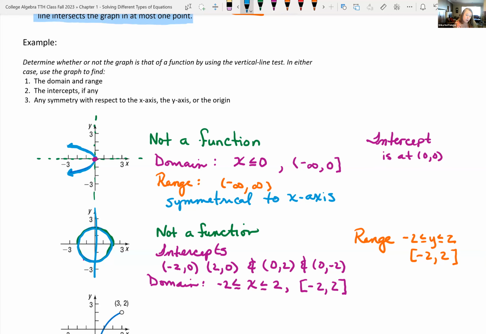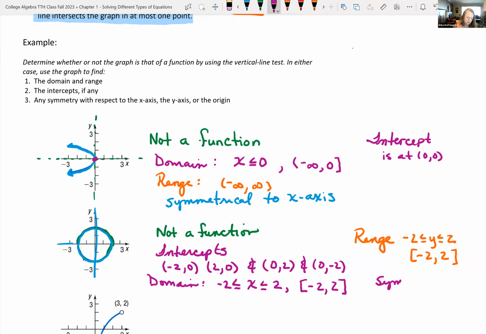And then for the origin, if you can fold your paper in four, so across the x-axis, across the y-axis, and then they would be lying on top of each other, a mirror image, and then it's symmetrical with the origin. And so this is symmetrical with all of them.